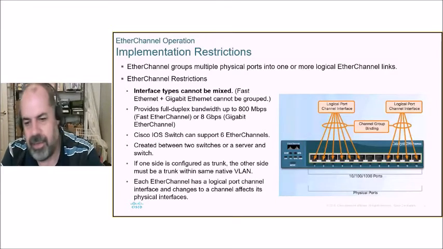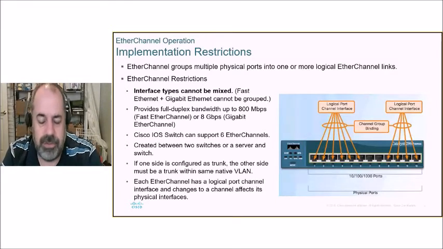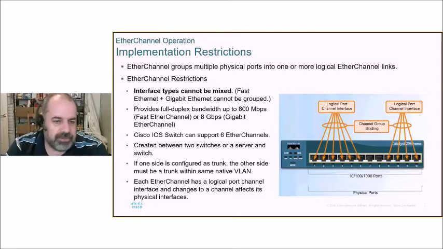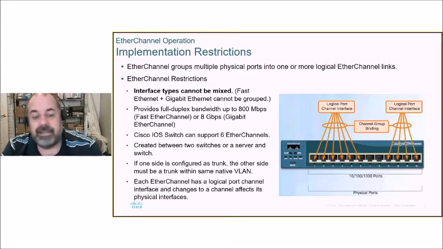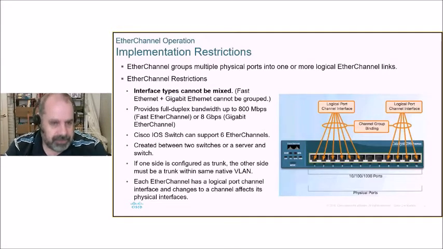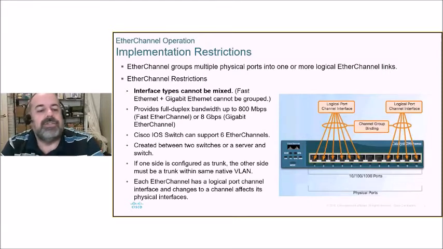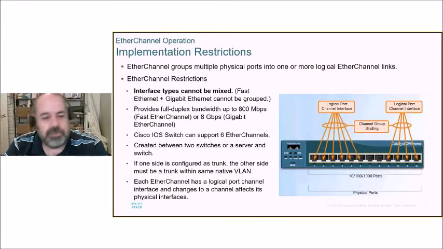If you need more than that, that's probably when you're using a lot of ports on your switch, and you might as well just buy a switch with a faster port, so get a 10 gig Ethernet link. Most IOS switches will support 6 EtherChannels. You've got to have a lot of ports to be able to do 6 channels of 8. They are created between 2 switches or a server and a switch.